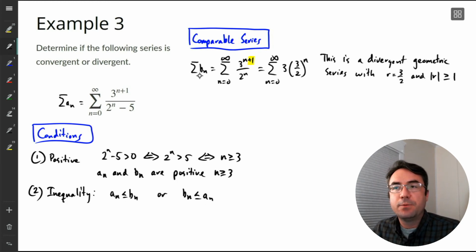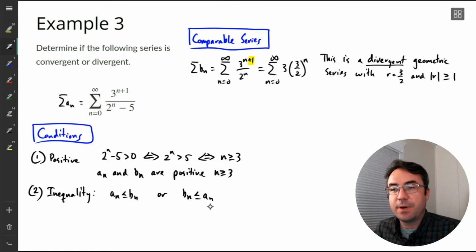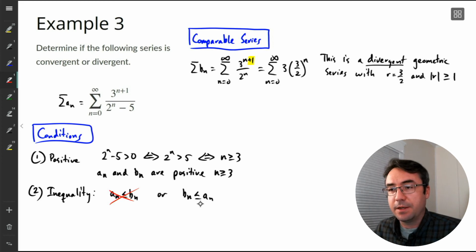And so we go up to what sigma bn is doing, and we said it was divergent. So that means we actually want to show this inequality. This is where bn is, we're adding up the terms, they're getting bigger and bigger. So when we add up the terms for an, they get bigger and bigger as well.